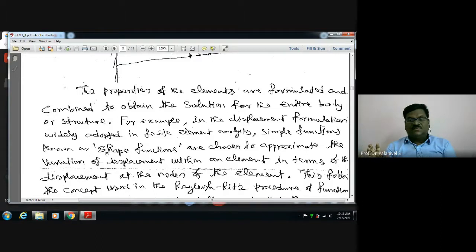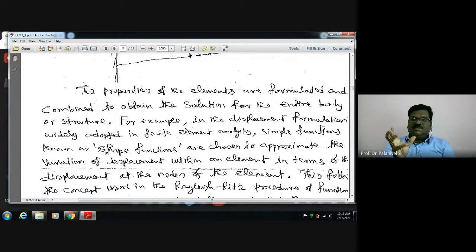So the properties of the elements are formulated and combined to obtain the solution for the entire body or structure. Sir, how do you formulate the properties of the elements now? We formulate several properties of the element in which I want to represent the variation of displacement, the variation of field variable.